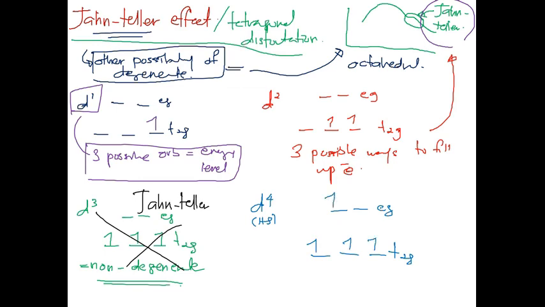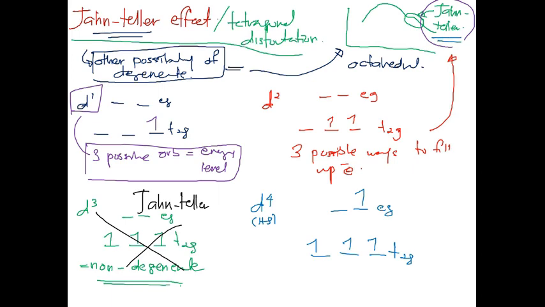So it's either you fill up this way, or you can fill up this way. So you ada 2 possible ways to fill up the electrons. So that's why with d4 high spin, you can observe the Jahn-Teller effect.